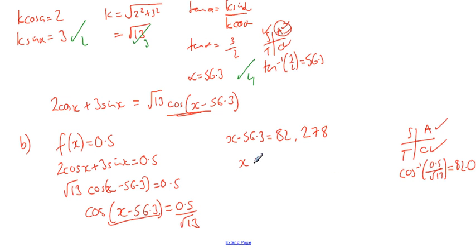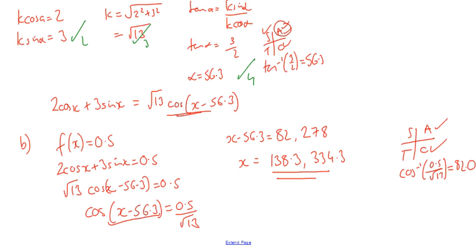Which means when you add 56.3 on, it's 138.3 and 334.3. Now this is just a normal 1x wave, so you could add on 360, but it's going to take you outside the range. Those are your two answers there.